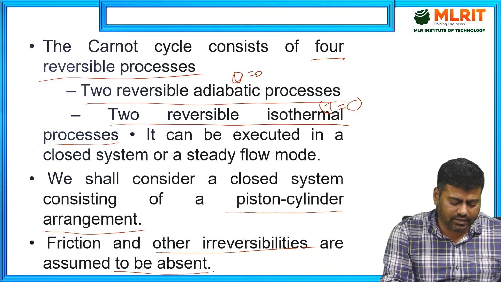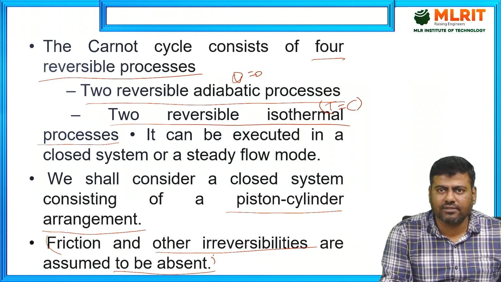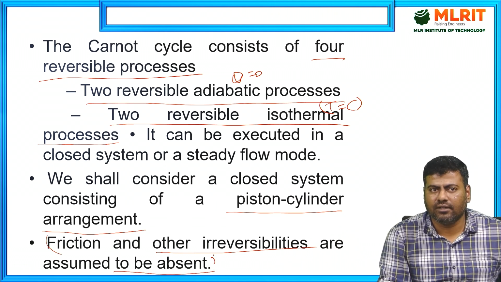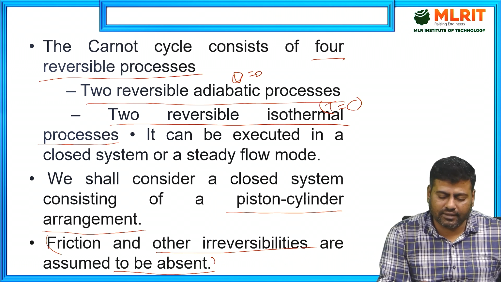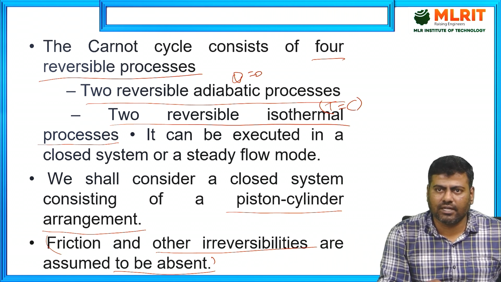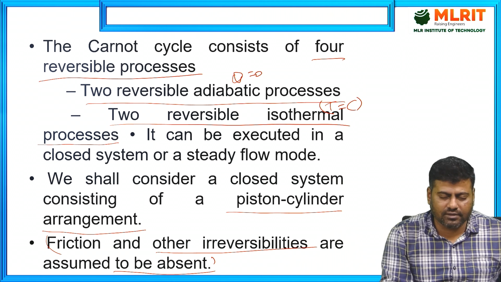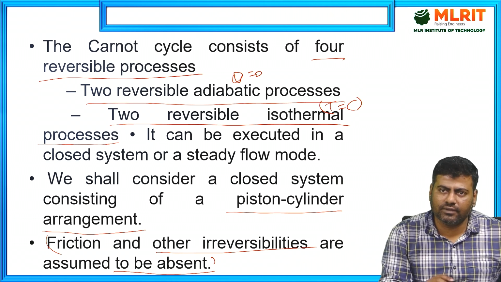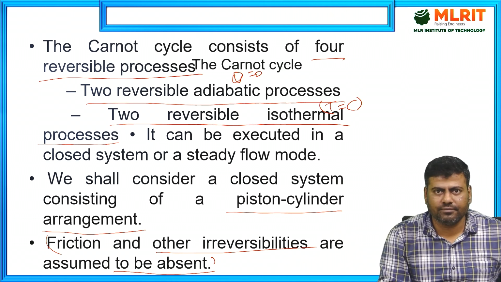This is what ideal means. For ideal cases, we always consider it frictionless, right? And other irreversibilities are also assumed to be absent, which means it comes under reversible conditions, right? So the friction losses and such need not be considered with respect to the Carnot cycle, right?